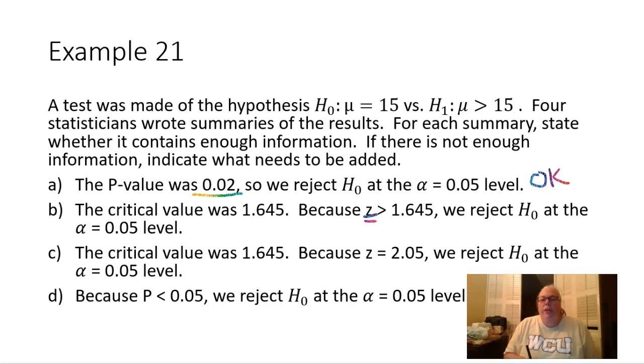So the 1.645, that came out of our table A2 or the table A3 there. And we need to see what this is right here to see the comparison between the two of them. So this one needs to include the Z statistic.